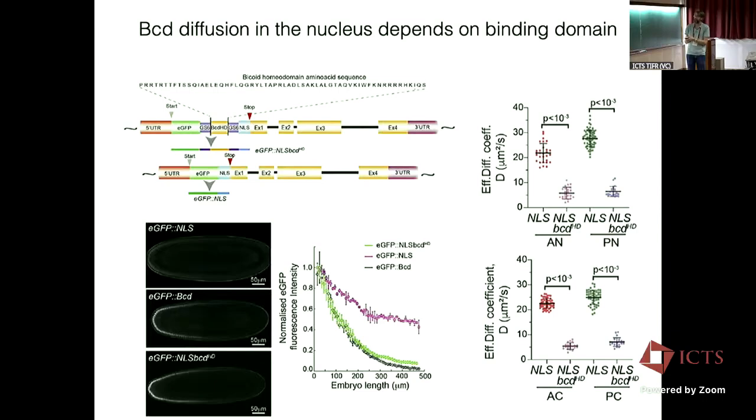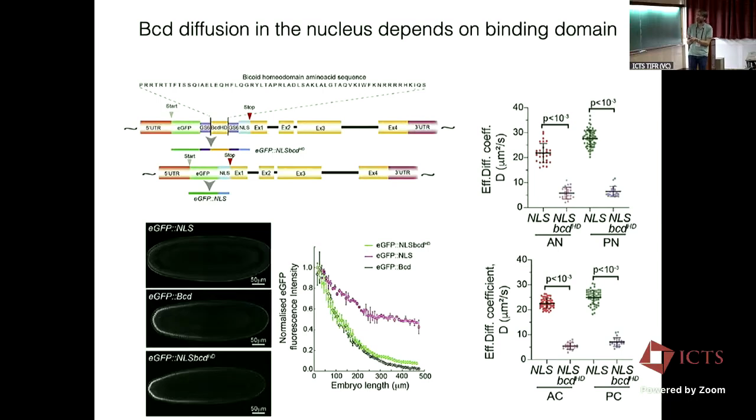And in fact, in the gradient, the black is the wild-type Bicoid GFP, the green is just an NLS, but with the Bicoid homeodomain attached to it. And then the pink is just without the Bicoid homeodomain. And so what we can see here is that we can actually now start to dissect this protein and say which parts of the protein are actually regulating the dynamics. Sorry, that clicking is kind of annoying.